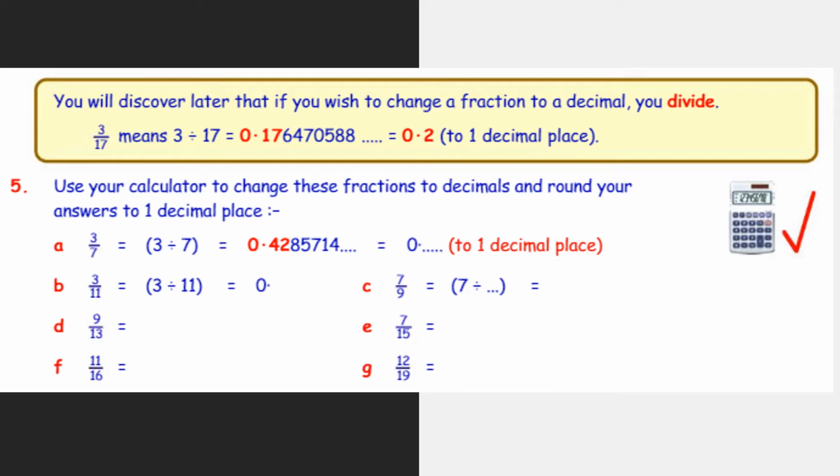3/7, I'm going to ignore that sentence at the top. 3/17 is the same as 3 divided by 17. Now, I don't remember if I told you this, but a fraction and a dividing sign are essentially the same thing. The difference being, sorry for the very bad drawing, that instead of numbers, the dividing sign has dots.